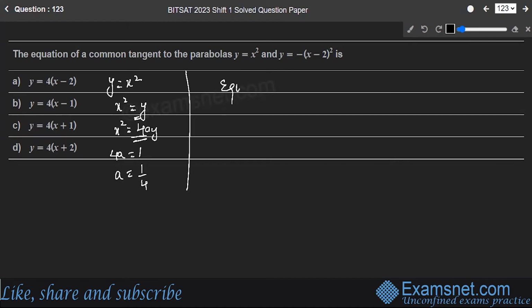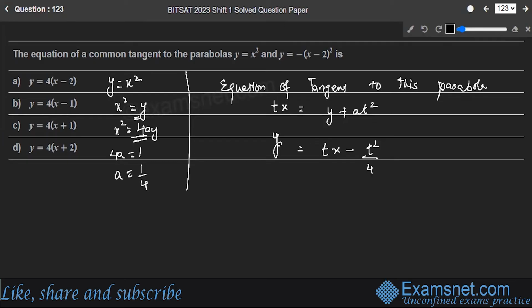Now, the equation of tangent to this parabola is given by tx is equal to y plus at square, or you have y is equal to tx minus, putting the value of a as 1 by 4, t squared upon 4.